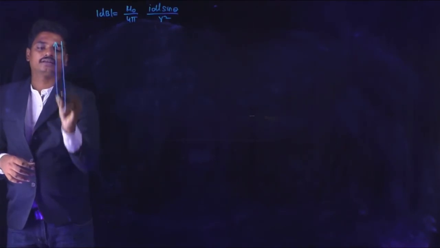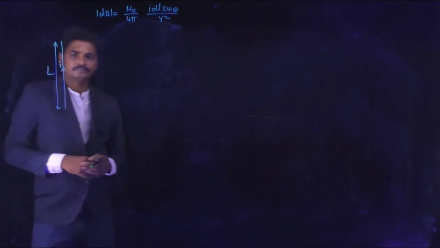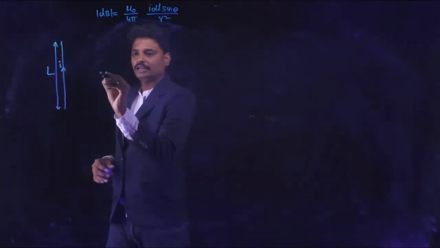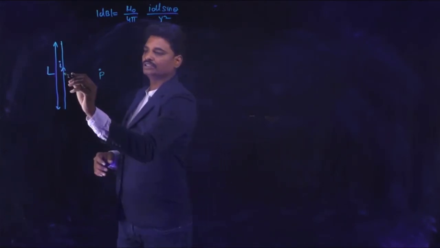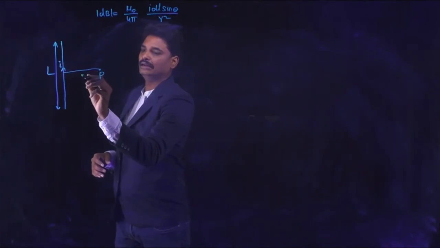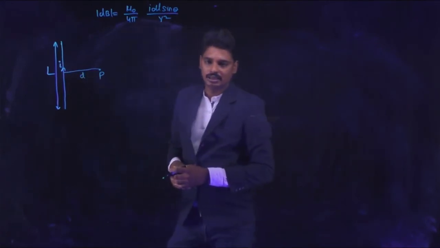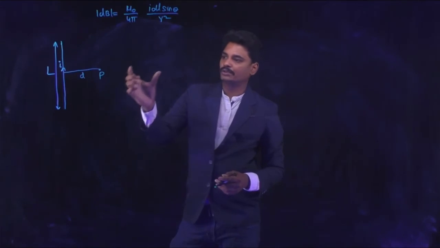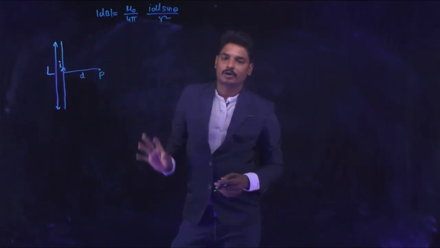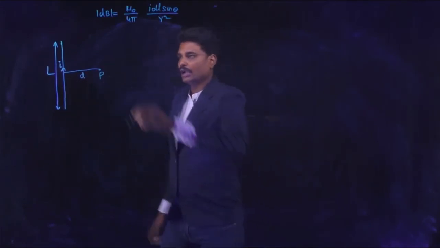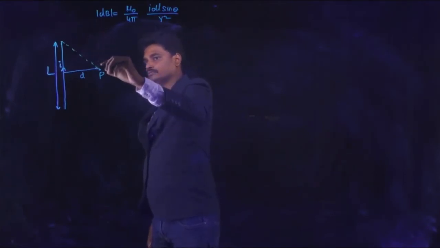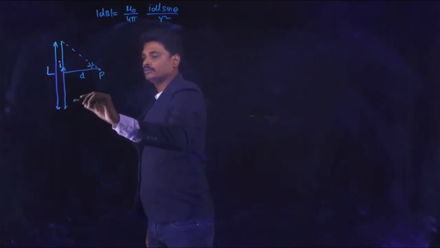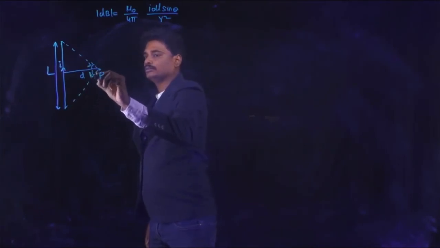Let it be a conductor of length L in which a current I is flowing. We need to calculate the magnetic field induction at this point P, which is at a perpendicular distance d from the conductor, and let it make an angle alpha and an angle beta.